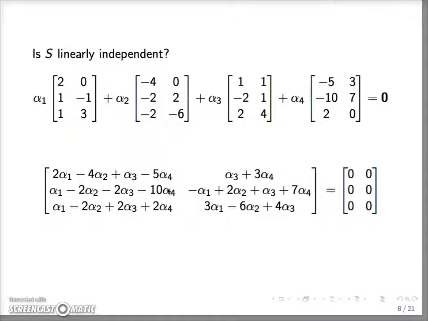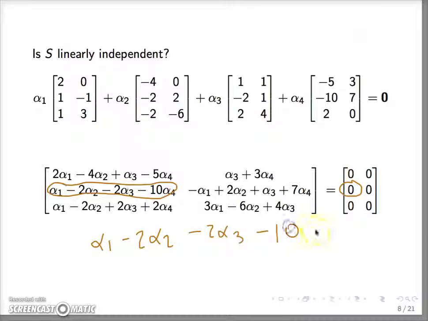And so what goes next is to compare entry by entry. For example, on the matrix on the left side, this entry is row 2, column 1, so this is the 2,1 entry, and that entry is compared to the 2,1 entry on the matrix of zeros on the right side of this matrix equation. That would give us an equation: alpha 1 minus 2 alpha 2 minus 2 alpha 3 minus 10 alpha 4 equals 0.